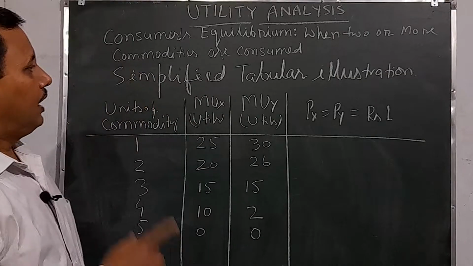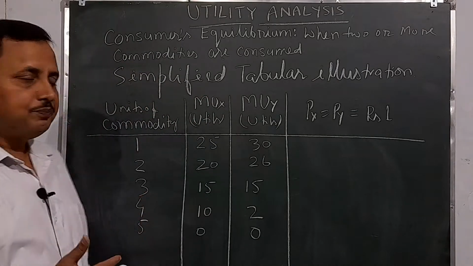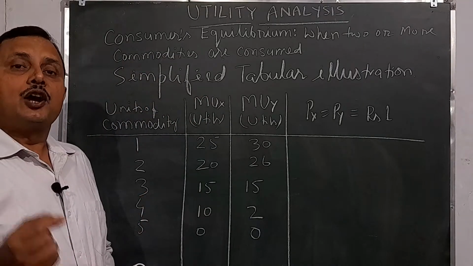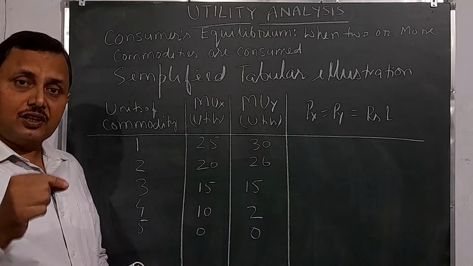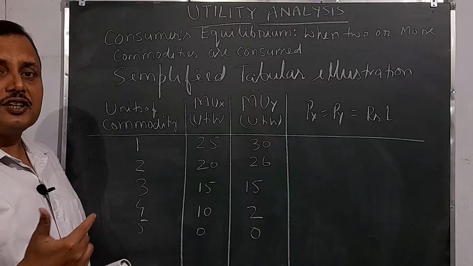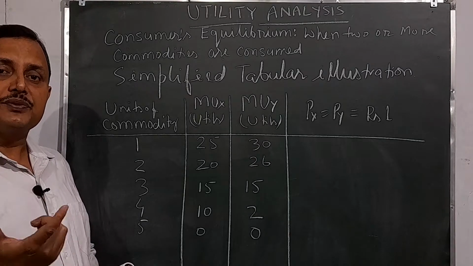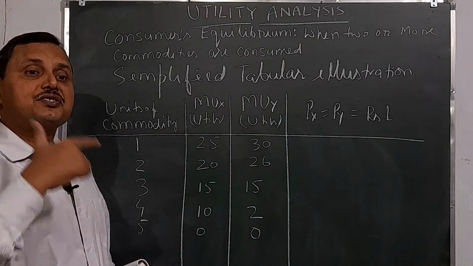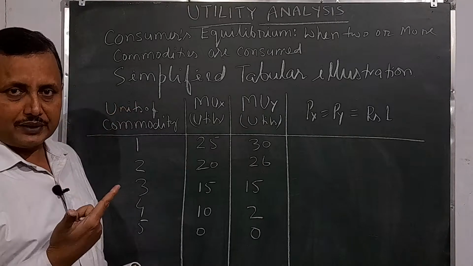Now we will understand consumer's equilibrium. Take the example of a rational consumer. A rational consumer, within the given resources, within the given money, always tries to maximize his satisfaction.